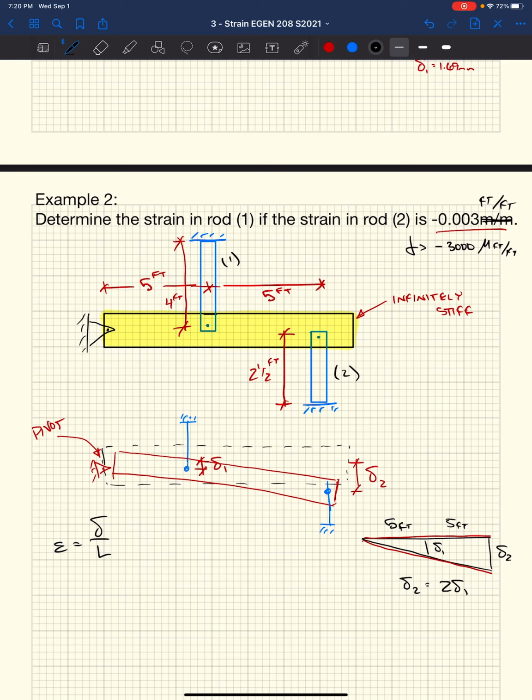It's twice as far away from our pivot point right here. So if we've got 5 feet to delta 1 and 10 feet to delta 2, for every 1 motion at 1, we're going to get 2 of those motions at 2. So delta 2 is twice delta 1, or delta 1 is 1/2 delta 2.